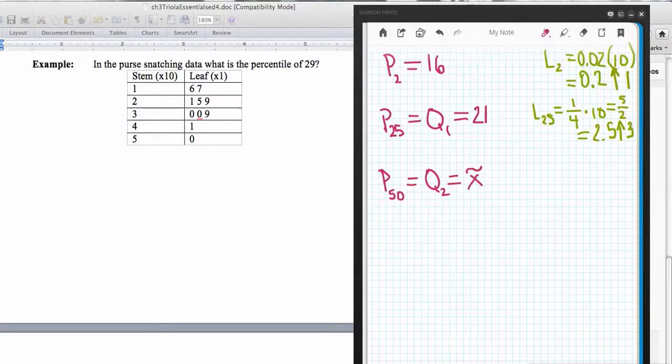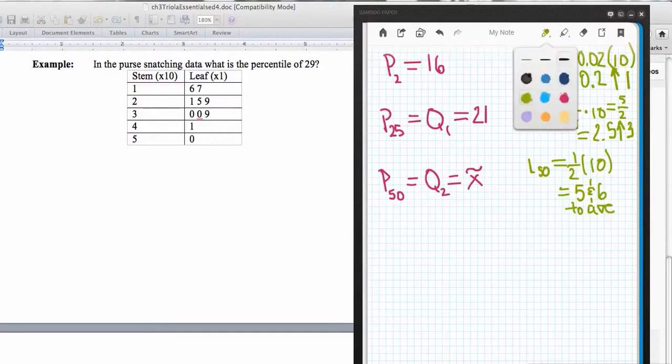Now let's look at the median. With my median, I have L50, right, the 50th percentile. So that's half of my 10 data points, and so that's going to be 5. Now this one is a whole number, so this is where I use the 5th and the 6th to average. So I'll find the 5th data point, and I'll find the 6th data point, and I'll average them to find my median.